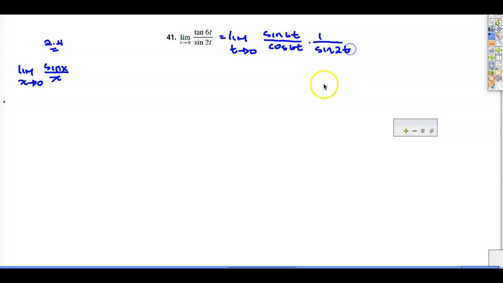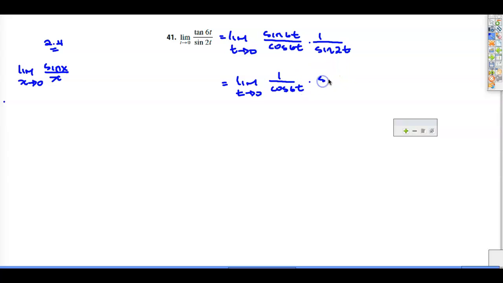Now, when you evaluate, cosine of 0 is 1, so we're okay with that. So this is my manipulation, what I try to do. The limit as t approaches 0, I'm just going to leave this as 1 all over a cosine of 6t.